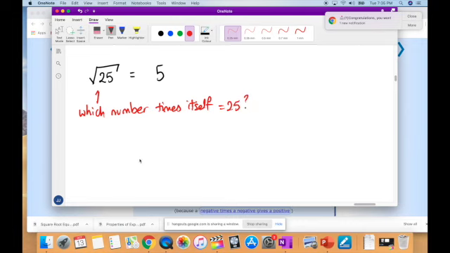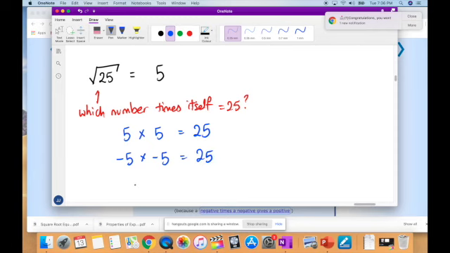That is the question. There are 2 possibilities. I could have 5 multiplied by 5 to give me 25, but I could also have negative 5 multiplied by negative 5 equals 25.